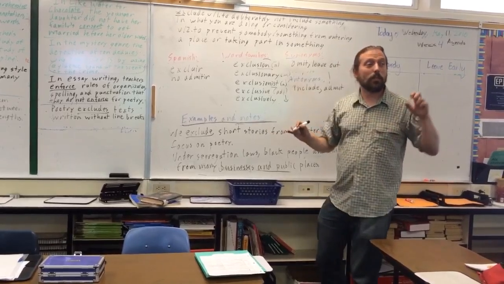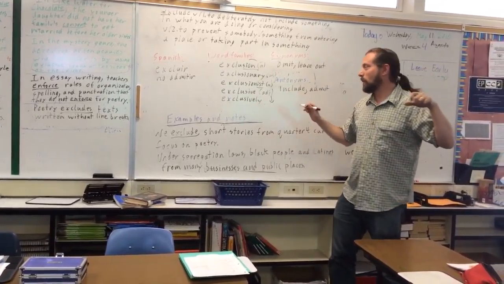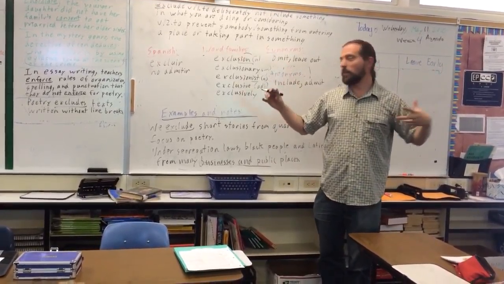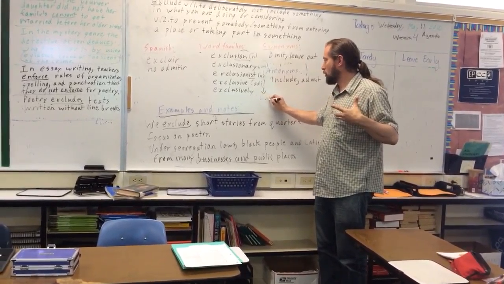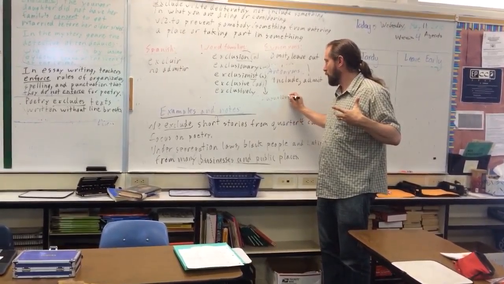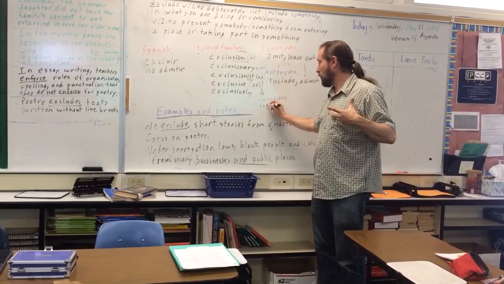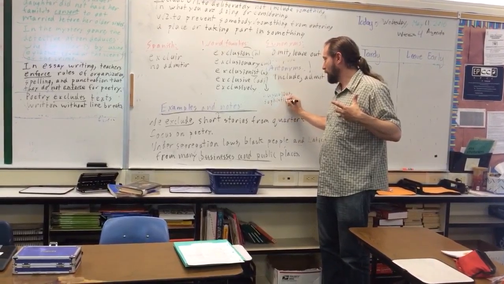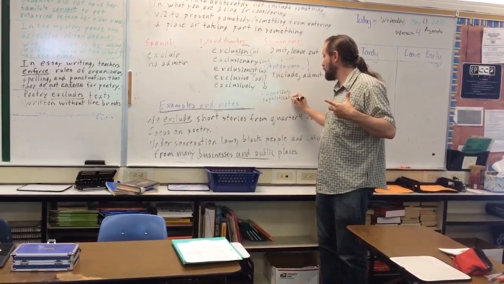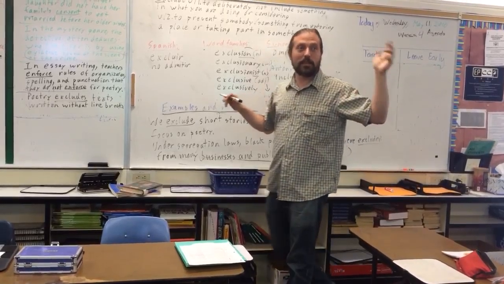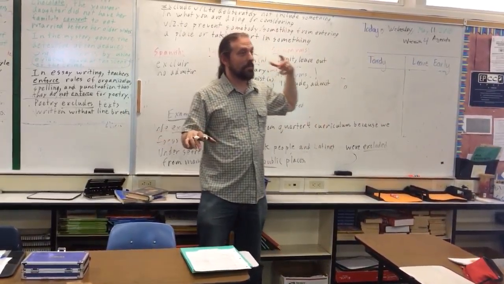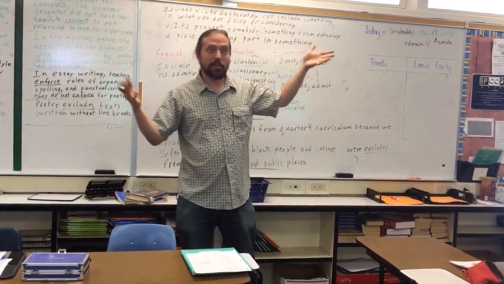This is usually more positive, in a way. People use exclusive to describe something luxurious, sophisticated. An exclusive hotel, an exclusive restaurant. What does that mean? That fancy rich people can go there because it's more expensive.